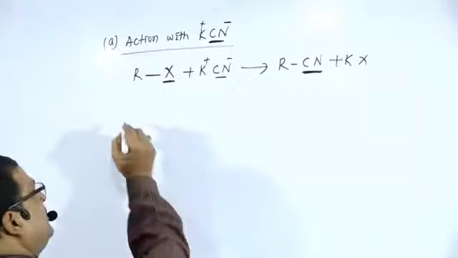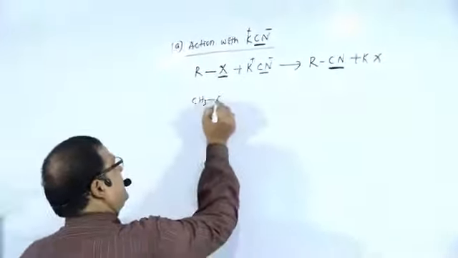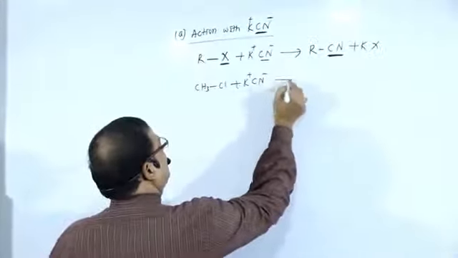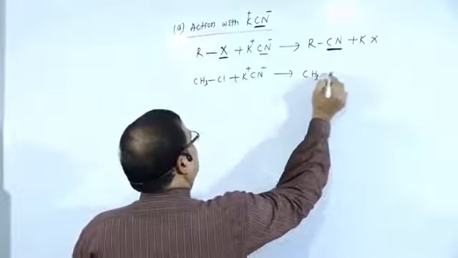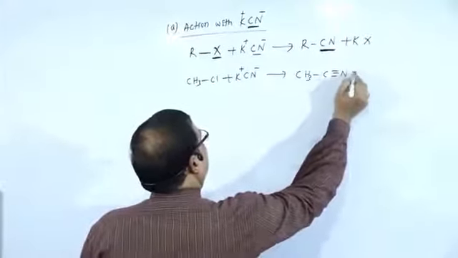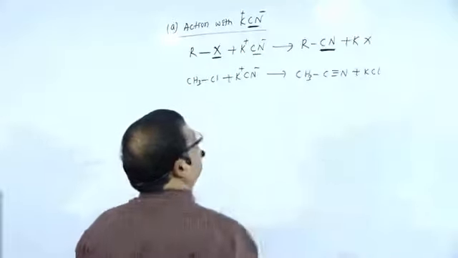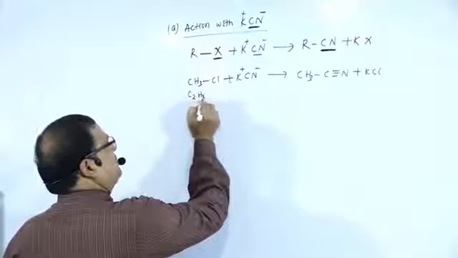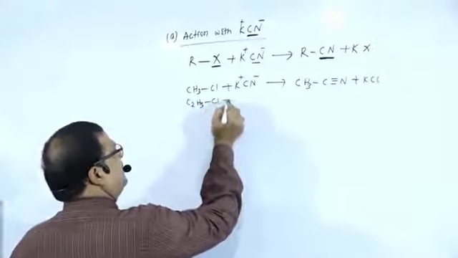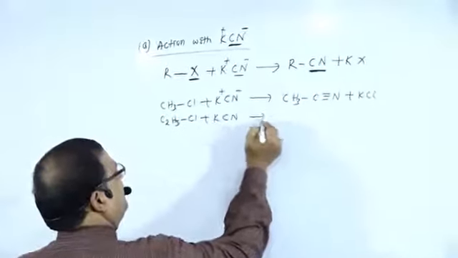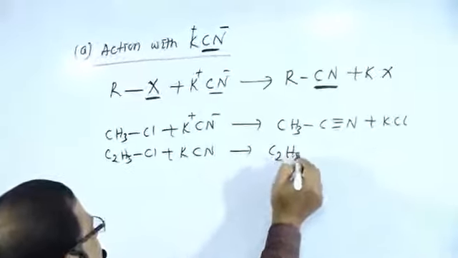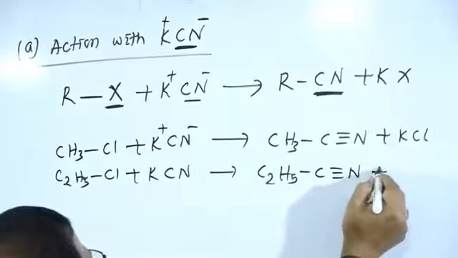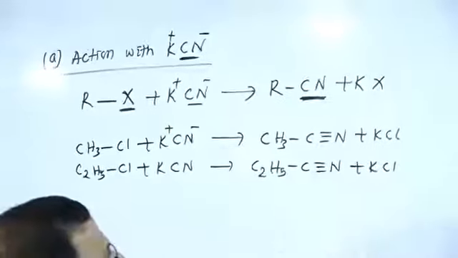For example, CH3Cl treated with KCN, K plus CN minus, gives CH3 bond C triple bond N plus KCl. Or you can take the formation of ethyl cyanide from ethyl chloride with KCN, giving C2H5 C triple bond N plus KCl, that is ethyl cyanide.